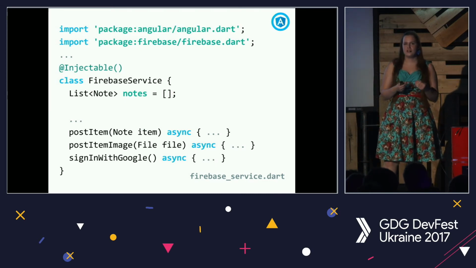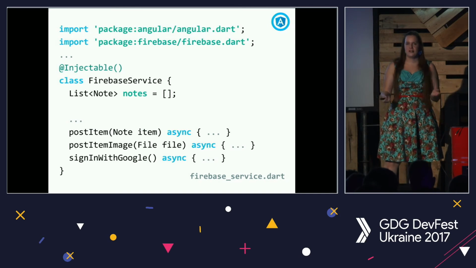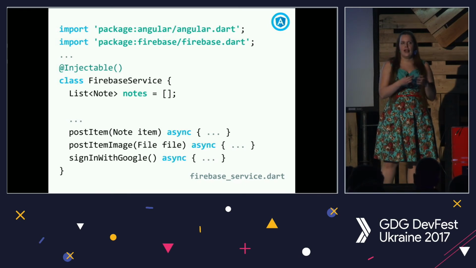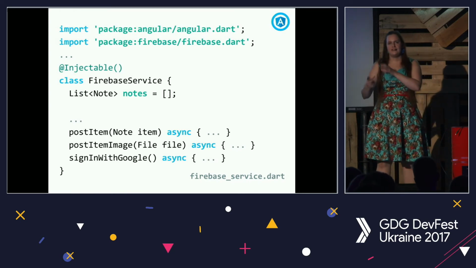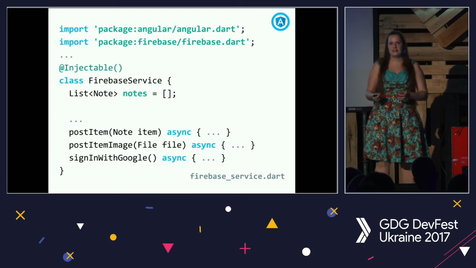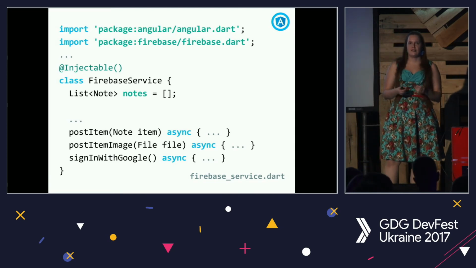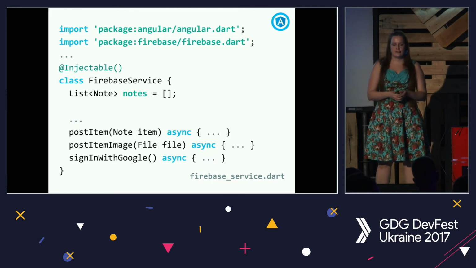There's one component which is called the dependency injector. If some Angular component asks for some service, then the dependency injector looks inside to see if it already stores the service. If it does, it reads the service. If it doesn't, it creates a new instance and stores it for later use.